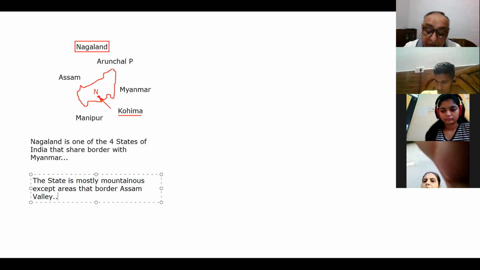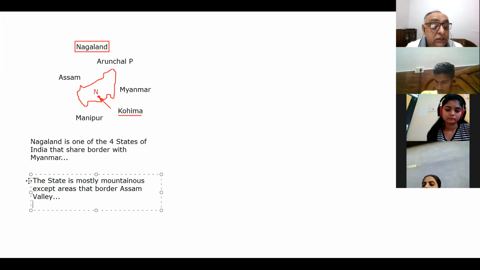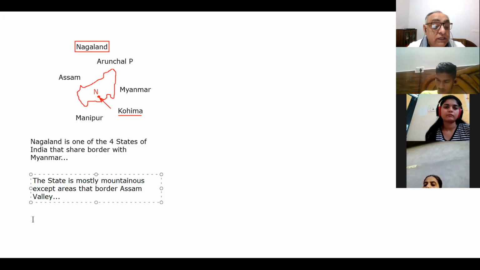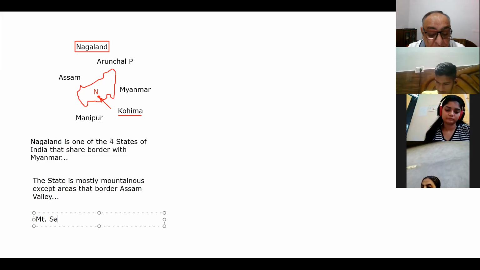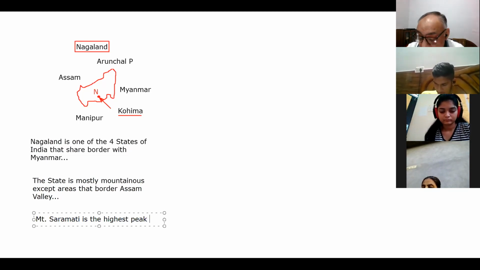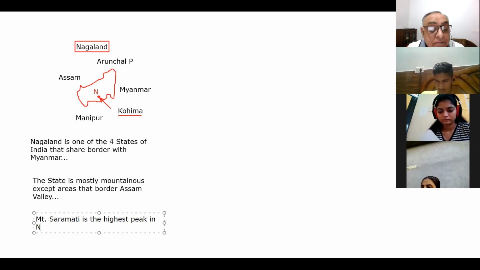So another important point from your examination point of view is Mount Saramati. Mount Saramati is the highest peak in Nagaland.